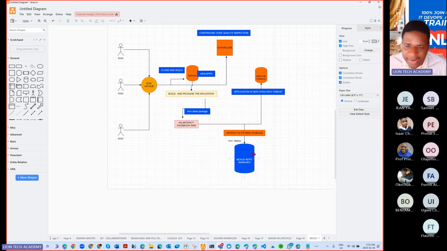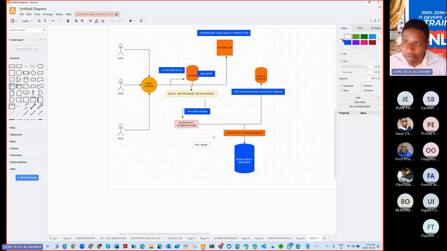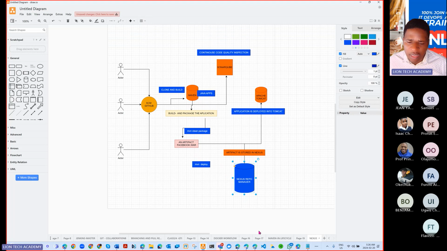So this is what Nexus is being used for. When we run our mvn deploy, this artifact is deployed into this repository manager. See if I can take a screenshot and share.